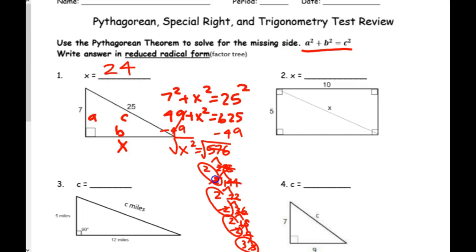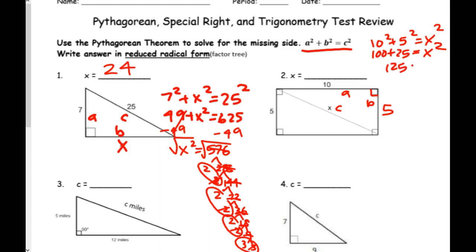Over here, we got a right triangle, and we know A, B, and C. So we will do a squared plus b squared equals c squared. 100 plus 25 equals x squared.